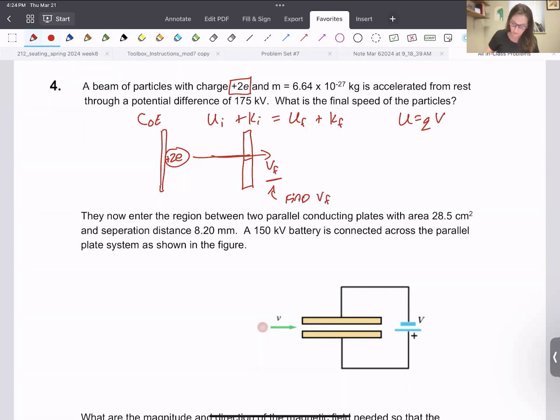That V final then becomes the initial V for what's going to happen here, where we're then going to send them through this velocity selector.